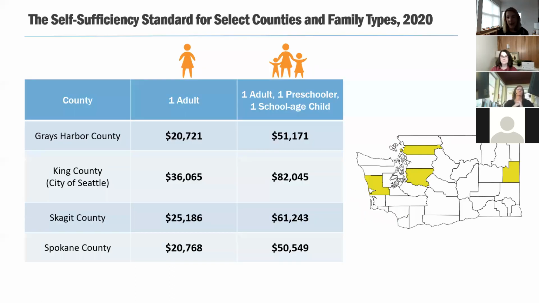I'm going to dive in now to the key findings. Hopefully this framing gives you some interest and gives you some opportunity to think about the next section for Washington State and for families who are facing the costs of living in our wonderful area. So this slide depicts 4 different counties across the state of Washington.